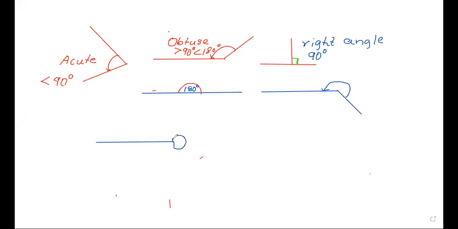And this one here is revolution. This is equal to 360 degrees, while this one is called reflex, which is greater than 180 and less than 360 degrees.